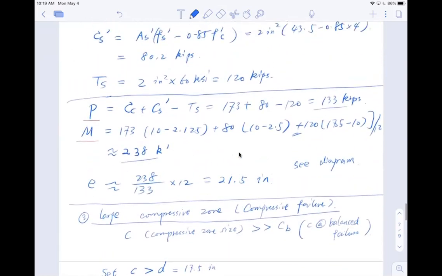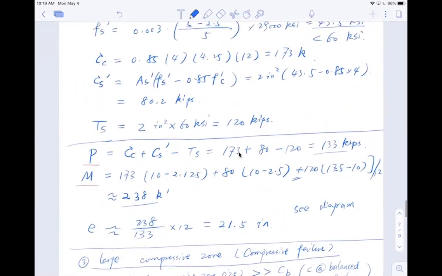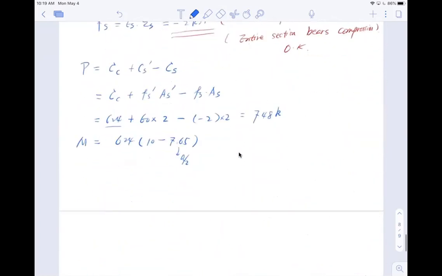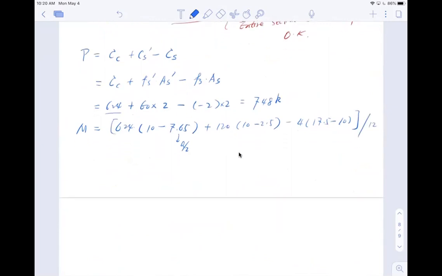Then this is 120, with a distance of half h, 10, minus 2.5, the half cover, and minus 4, 17.5, which is d, minus half h, 10. The whole thing is divided by 12 to switch from inch-kips to kip-feet. Eventually I got a total moment M equal to 195 kip-feet.